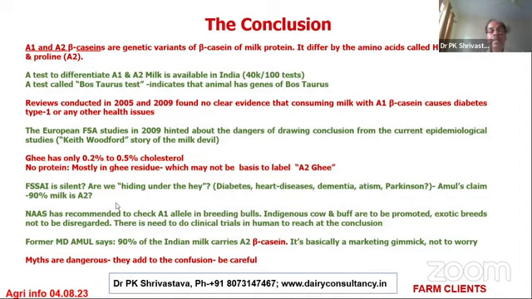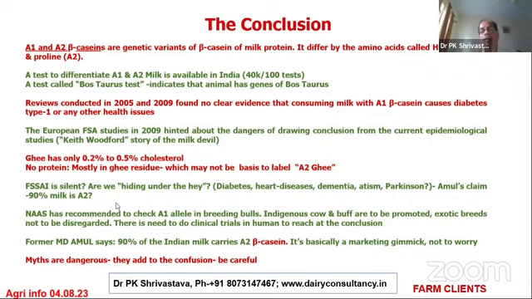NAS, the Congregation of the All Indian Agricultural Scientists in India, has very clearly recommended, and they are the authority to claim that, and they have claimed that. Not to worry, but don't close your eyes. Check the bulls for the semen. Let us bring more A2 semen into our country.